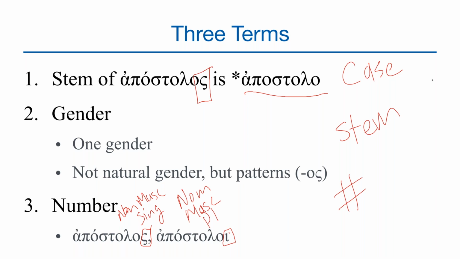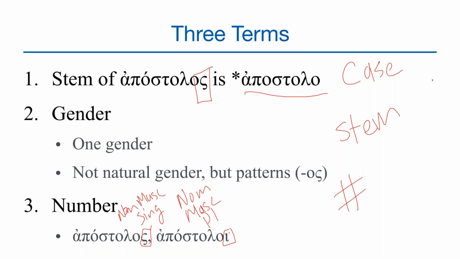Everybody unmute their microphone. The iota is the ending for the nominative masculine plural. Okay.